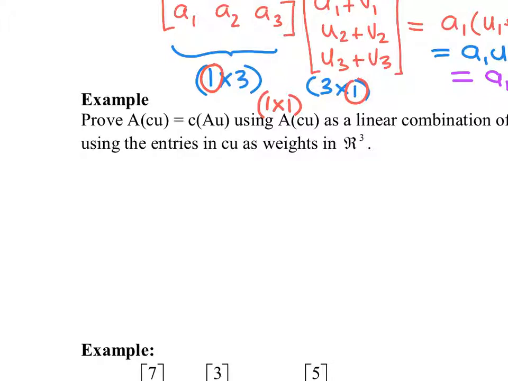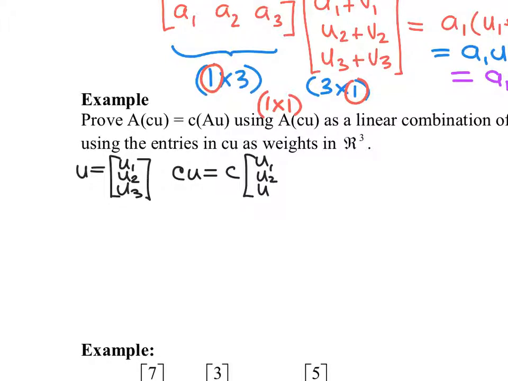So U we're defining again as U1, U2, and U3, which would mean that CU is C times that, which is going to be CU1, CU2, and CU3, because it's a scalar multiple.